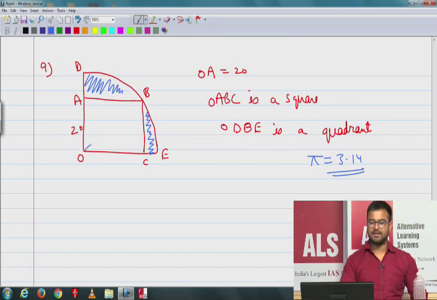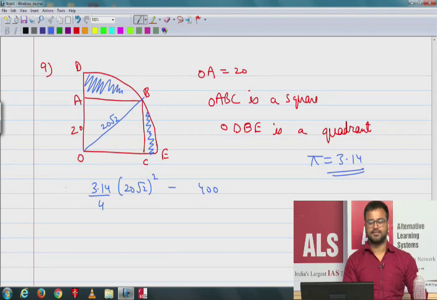Just find OB, which will work as the radius of this quadrant, and since OABC is a square of side 20, OB is 20 root 2. So the area of the quadrant, which is pi by 4 r square, minus the area of the square, which is 400.